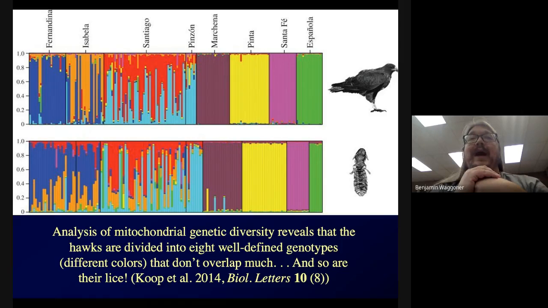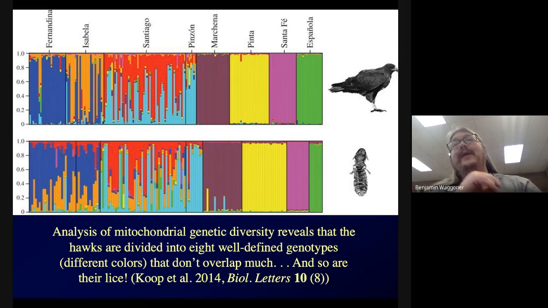So if you look on the right, you can see there's a band that's kind of maroon colored that says Marchena, yellow says Pinta, Santa Fe is kind of pinkish, and Española is labeled green. What that's saying is all of the birds that they sampled on Marchena, Pinta, Santa Fe, and Española had genotypes that almost entirely consisted of alleles that were unique to those populations.